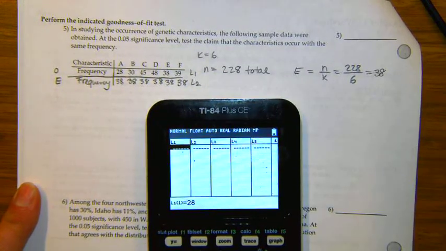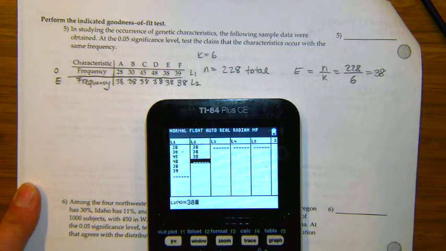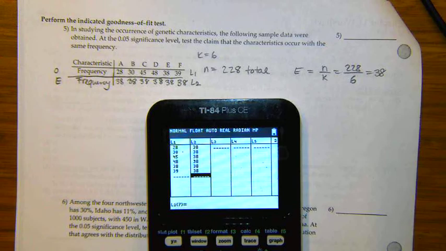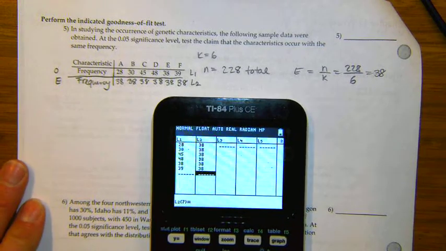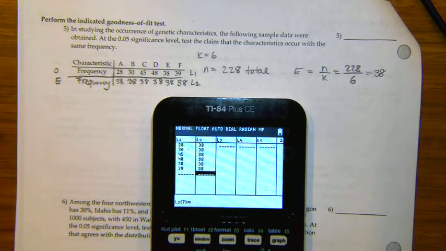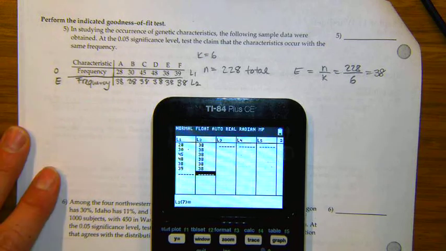So 28, 30, 45, 48, 38, and 39. Okay, then each one of the expected ones is 38, so we're going to fill that in for each category. Make sure your rows line up. We have the same number of rows in each one.